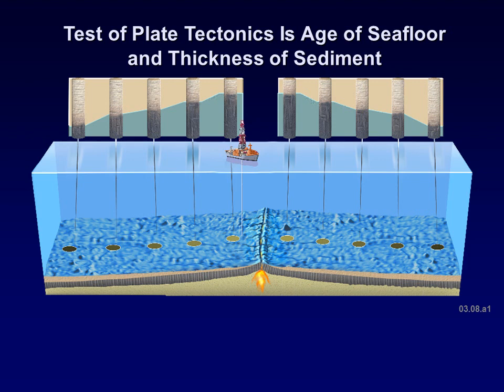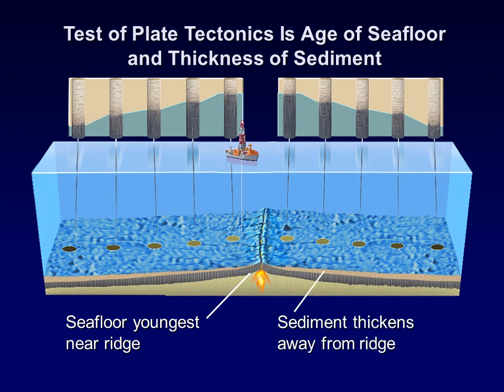And there's this strange phenomenon that you have more sediments and less basalt the further you get away from the ridge. So plate tectonics helps us understand how this works, because the seafloor is youngest near the ridge where it was just produced, and sediments thicken away from the ridge because age increases away from the ridge.